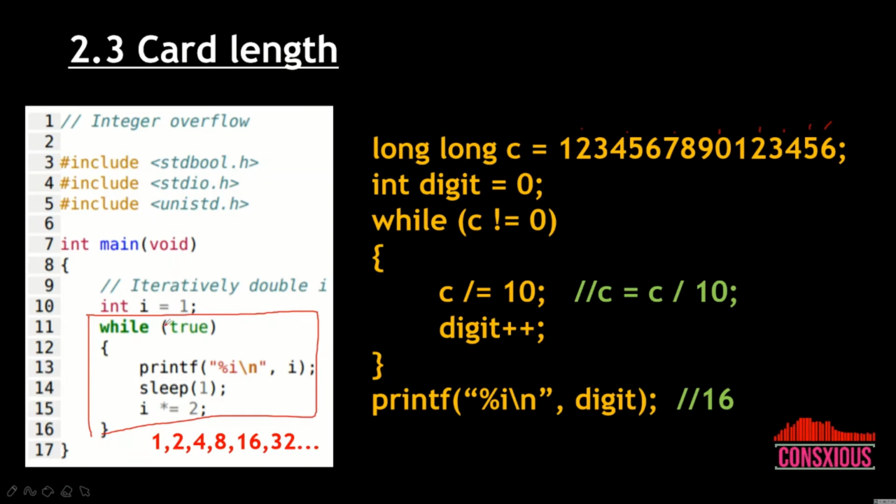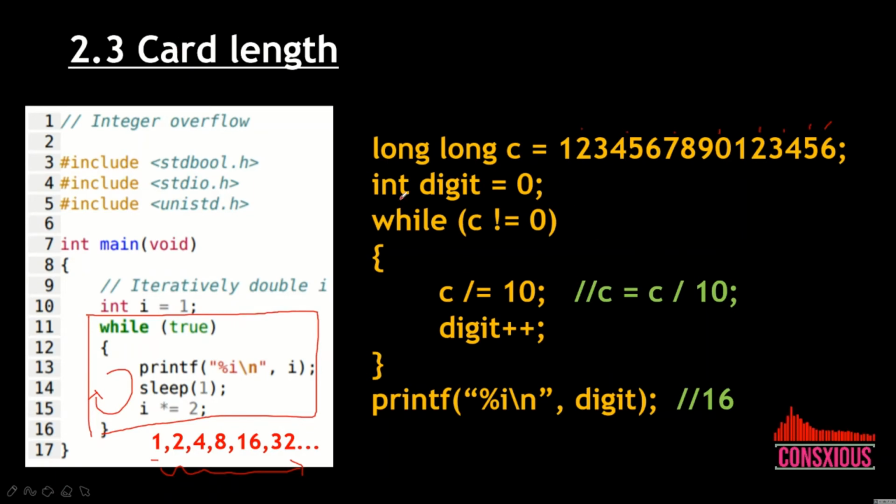For this example, while true, the loop will always repeat itself. This is like a forever loop. You print out 1 here, then wait for 1 second, then times 2. So it's always times 2, times 2, after 1 second, so we go towards infinity. We'll use this idea to find our card length.